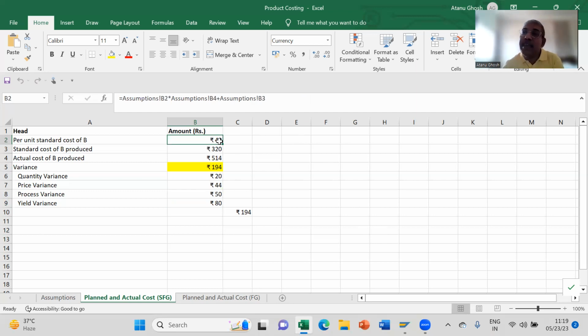That will be my yield variance. If you add now the quantity variance, the price variance, the process variance, and the yield variance, it will come to 194, which is equal to the total variance. So this is how the material costing is done, and this is how you identify the variance.